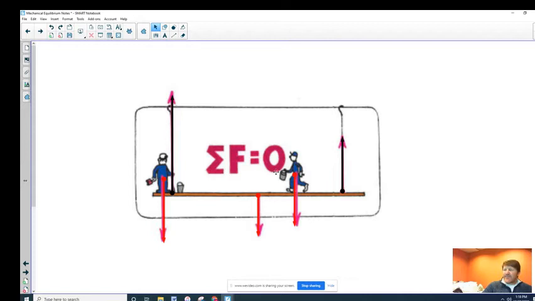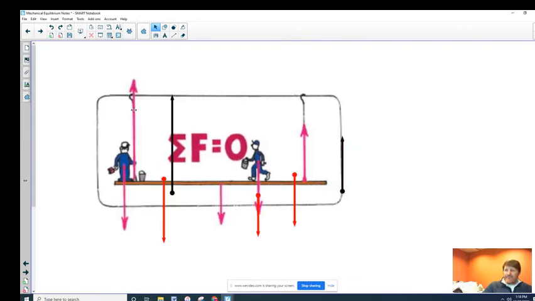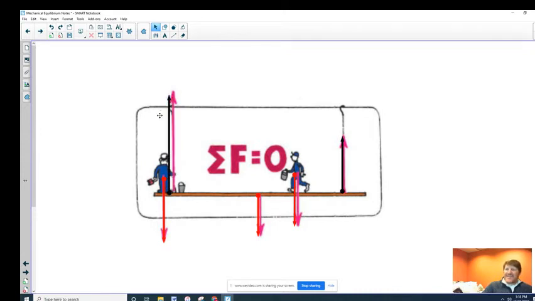You're told that the sum of the forces is equal to 0. Well, it turns out that if the forces are in the same direction, we add them together. So that is my total upward force, the resultant of these two component upward forces.